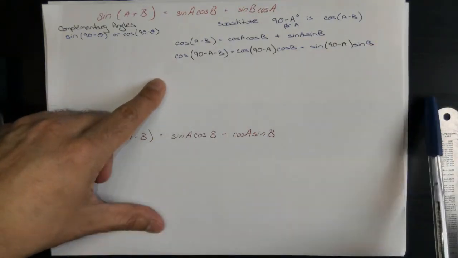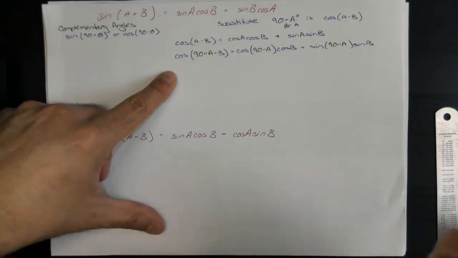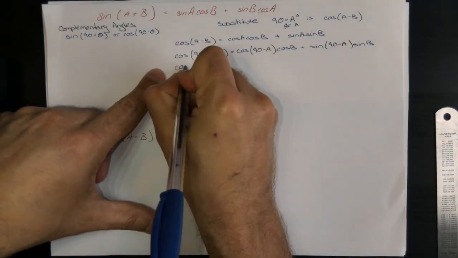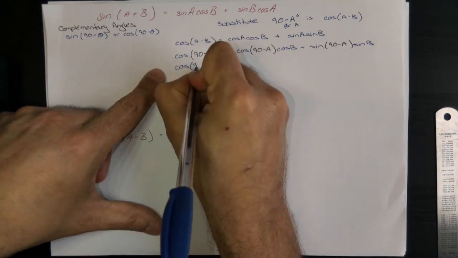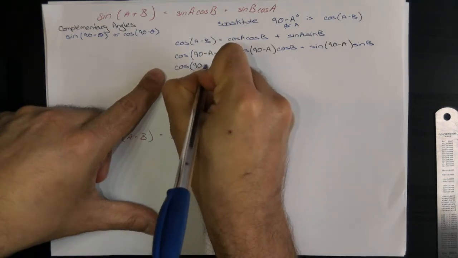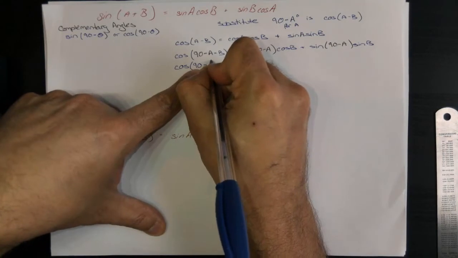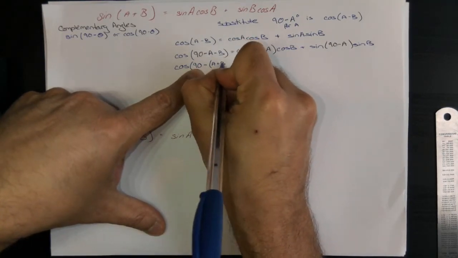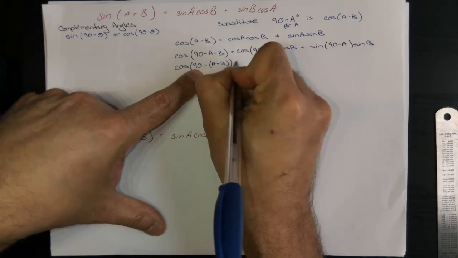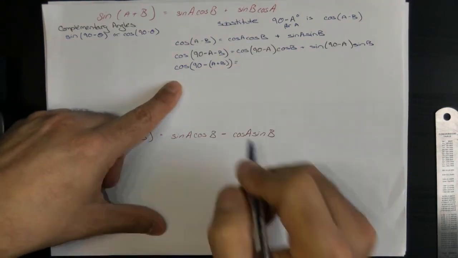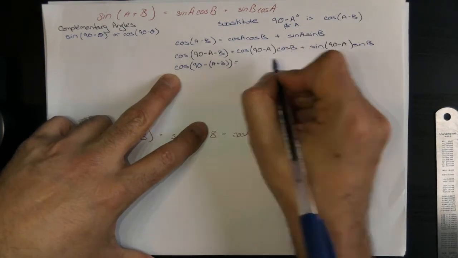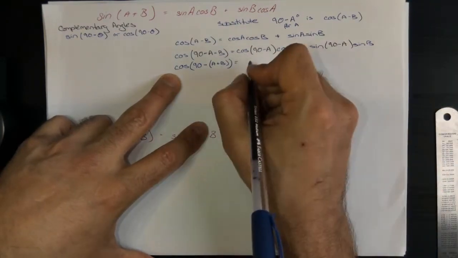Okay. Now with this part, let's keep the 90 out here, and let's just factorize this. So I'm taking a negative, so it's going to be A plus B. Okay, I'll come back to that. And then that would stay the same.